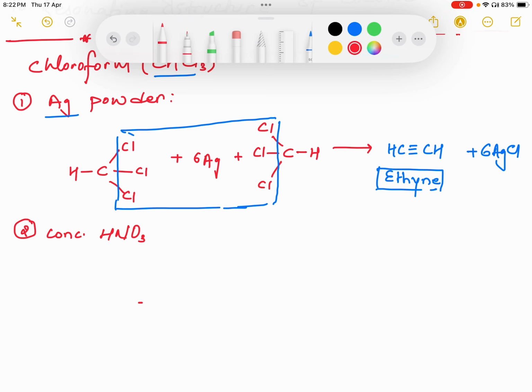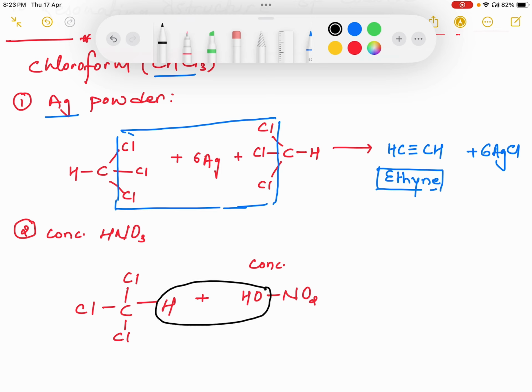Let me again take carbon connected with three chlorine and one hydrogen, and it's being treated with concentrated nitric acid, let me write it as OH and NO2 group. What will happen over here is this OH group and this H will together come out in the form of water.